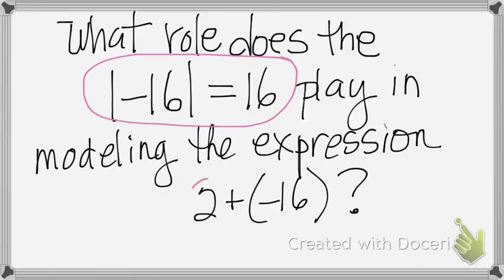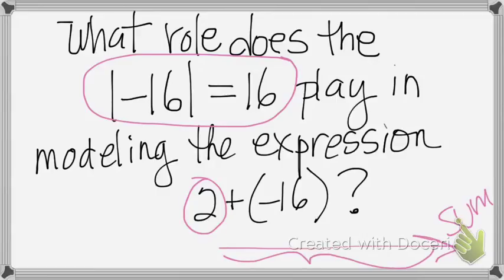So you have the first addend, which is that P value, and then you have a sum over here. That distance is always going to be this Q value. Not necessarily negative 16, but of course the absolute value of that Q value, which is always the positive.